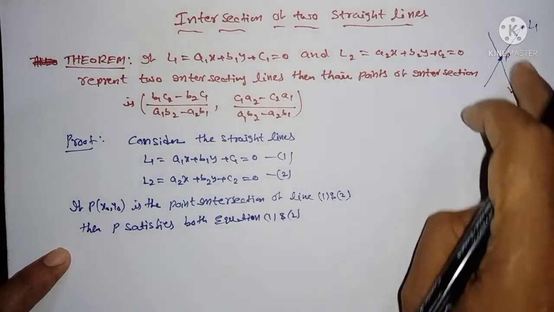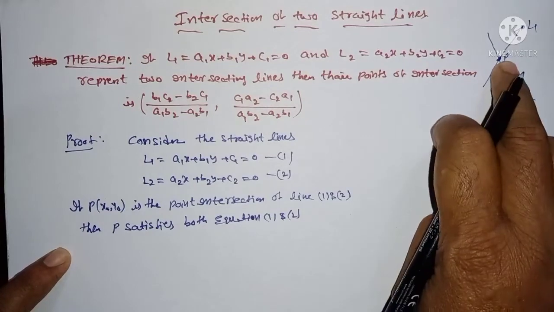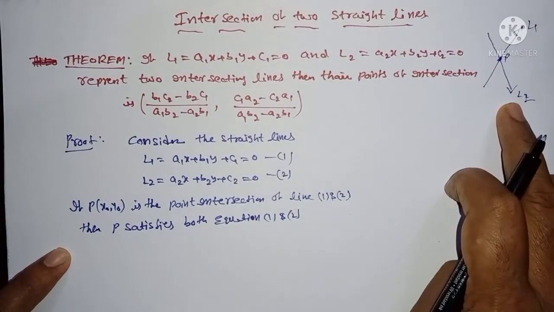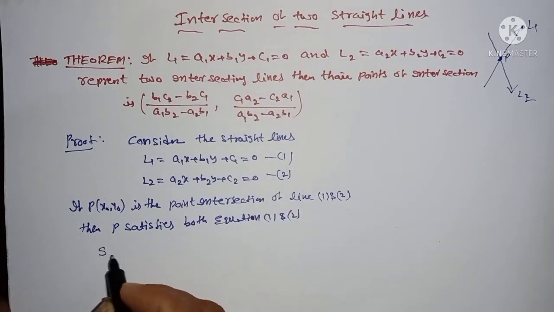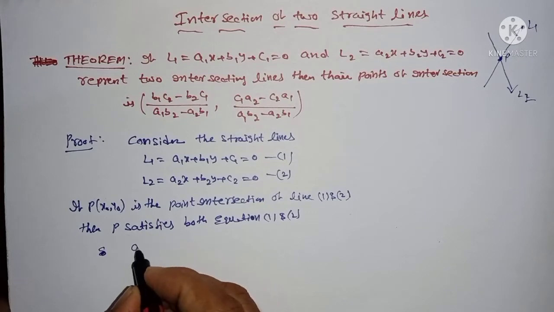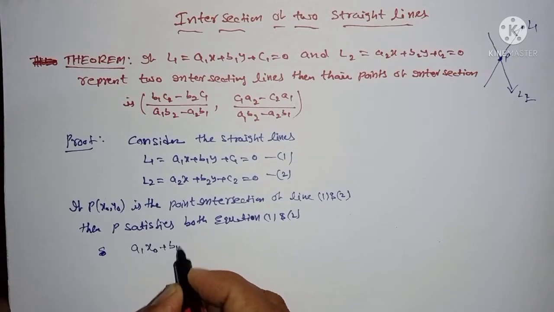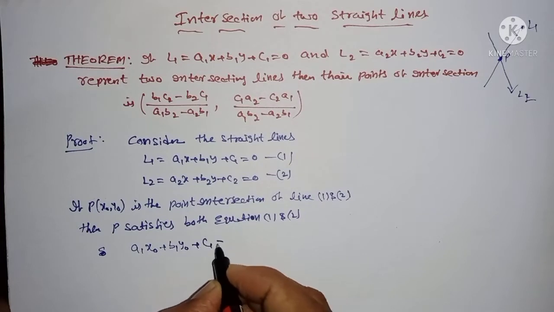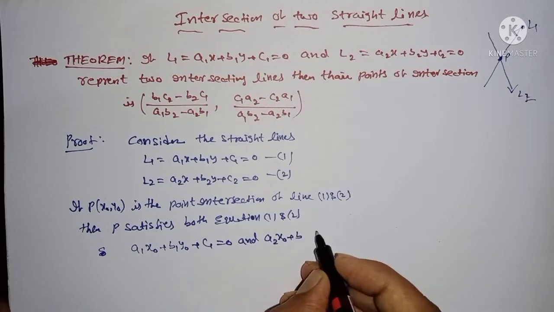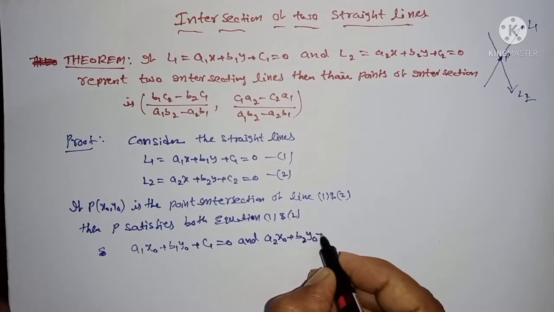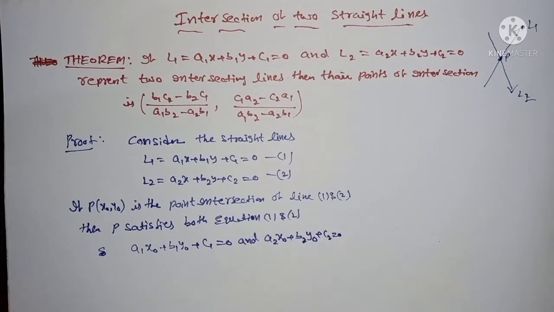This point is the intersection of L1 and L2, so it lies on both lines. So we can write A1x0 plus B1y0 plus C1 equals 0, and A2x0 plus B2y0 plus C2 equals 0. These are our required equations. Now you can solve these equations to get the x0 and y0 values.